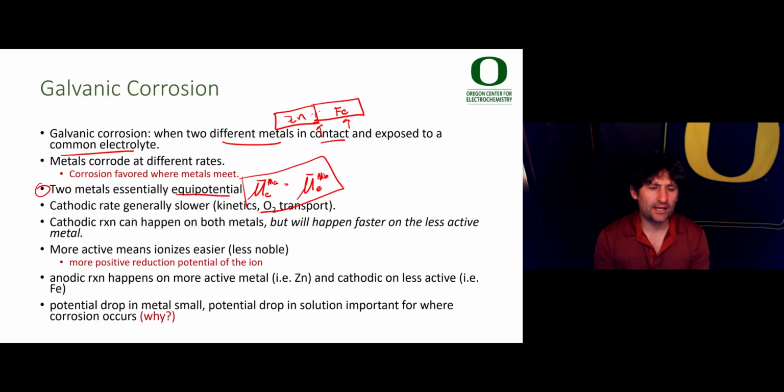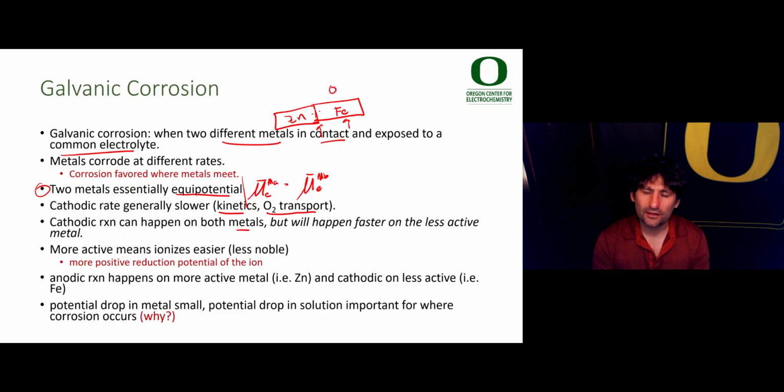Now, the cathodic rate is generally slower in these types of systems, and that's due to both the slow kinetics of the oxygen reduction reaction. For example, it's a chemical reaction. It's typically going to have slower kinetics than metal dissolution, and the fact that you have O2 transport limitations. Now, the cathodic reaction in principle can happen on both metals, but it will happen faster on the less active metal.